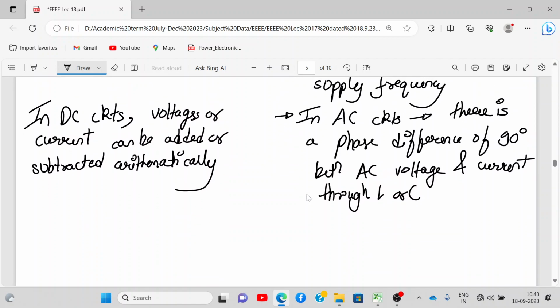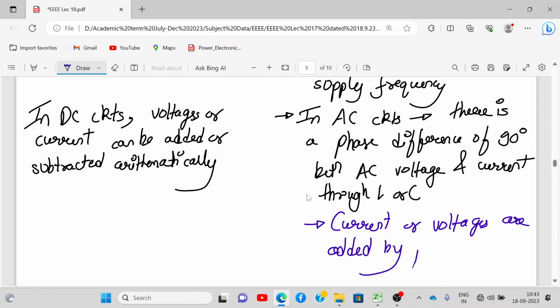So therefore the voltages or currents are added graphically or by phasor. So we can write current or voltages are added by phasor representation. You know now, rectangular to polar, that's why we add it. We can add or subtract in rectangular form, and we can divide and multiply when it is in the polar form. We have done that, right?